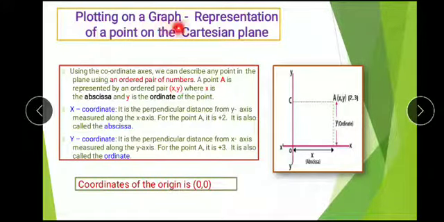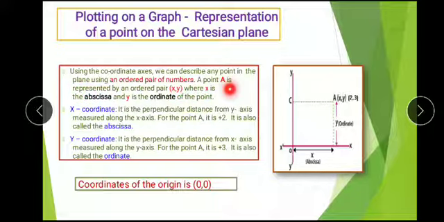Plotting on a graph. Representation of a point on a Cartesian plane. So how do we plot a point in a graphical plane, or we can say in a Cartesian plane? Using the coordinate axes, we can describe any point in the plane using an ordered pair of numbers.